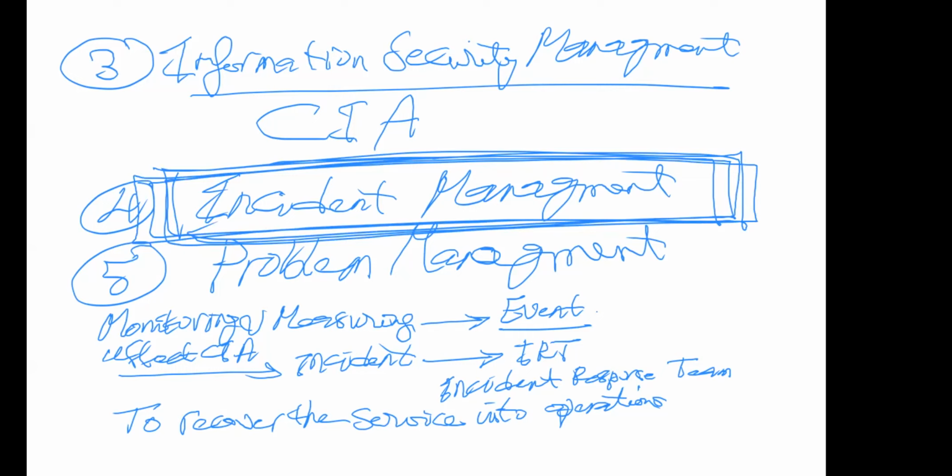I want to prevent this problem from happening again, so I will take the action to stop this problem, and then it will not happen again at all. Whatever the cause, there may be some fixes, some configuration, maybe a zero-day attack, it will be discovered in problem management and it will be resolved. Okay.